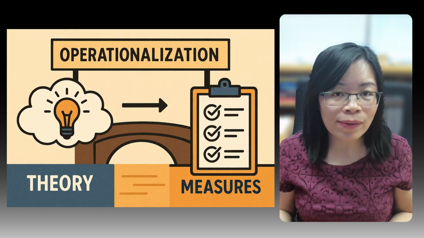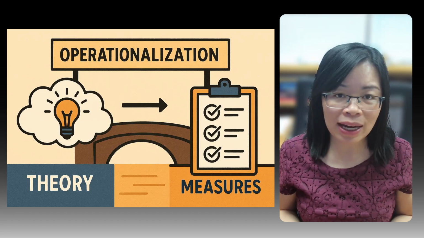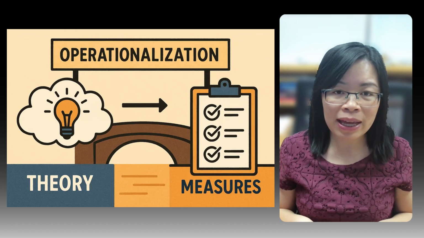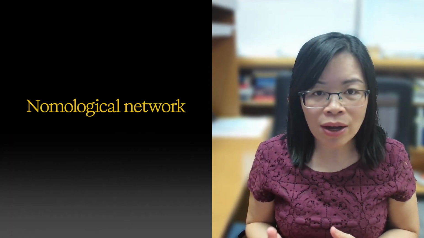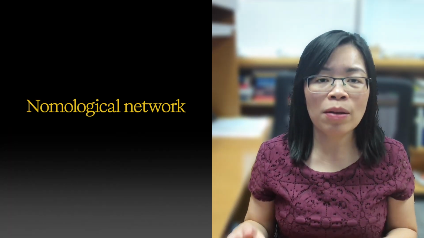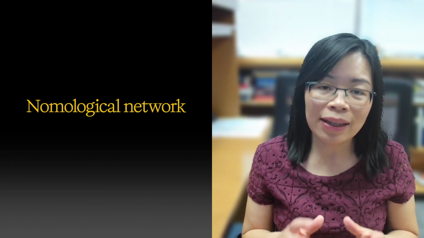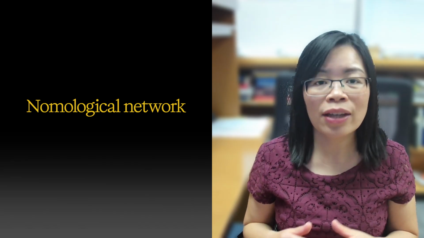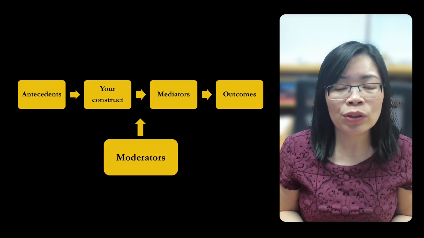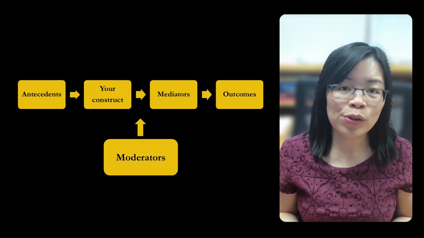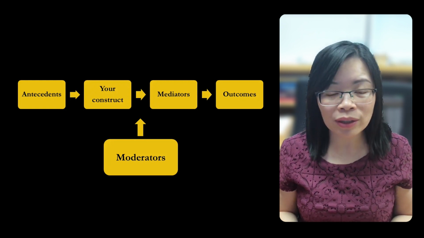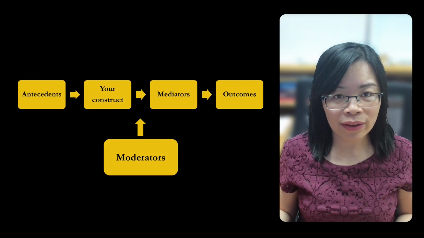For a theoretical construct to be scientifically meaningful, it must be embedded in what we call a nomological network, essentially a web of relationships linking the constructs to other constructs and to observable indicators. In other words, you have to spell out how your abstract ideas would manifest in the real world and how they should relate to other things.